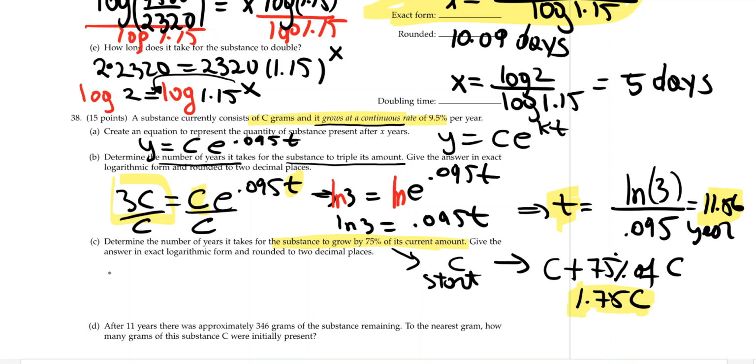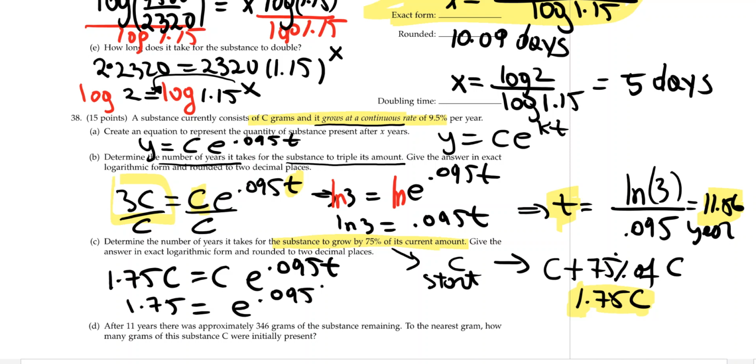I need to set 1.75 C equals C e to the 0.095 t. Dividing by C both sides, I get 1.75 equals e to the 0.095 t.